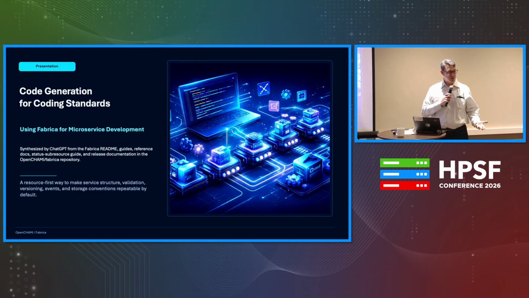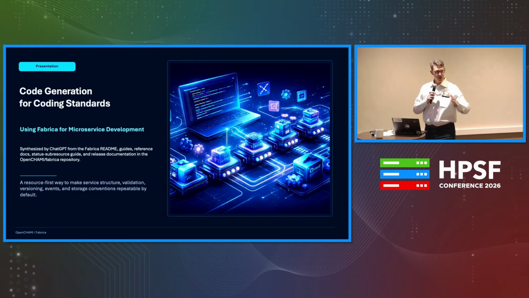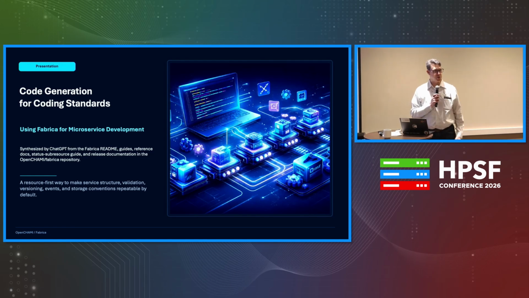Now, this is really good, not because ChatGPT is amazing, but because the documentation we've been putting into Fabrica over and over again was enough for it to be able to do this talk for us. The effort that we spend to make documentation readable, accessible, and up to date leads to people being better able to use tools to understand it.